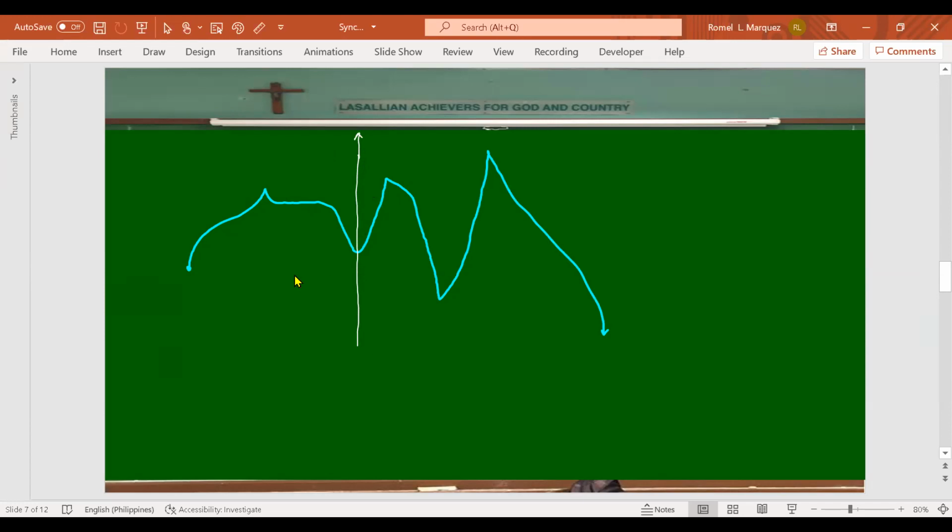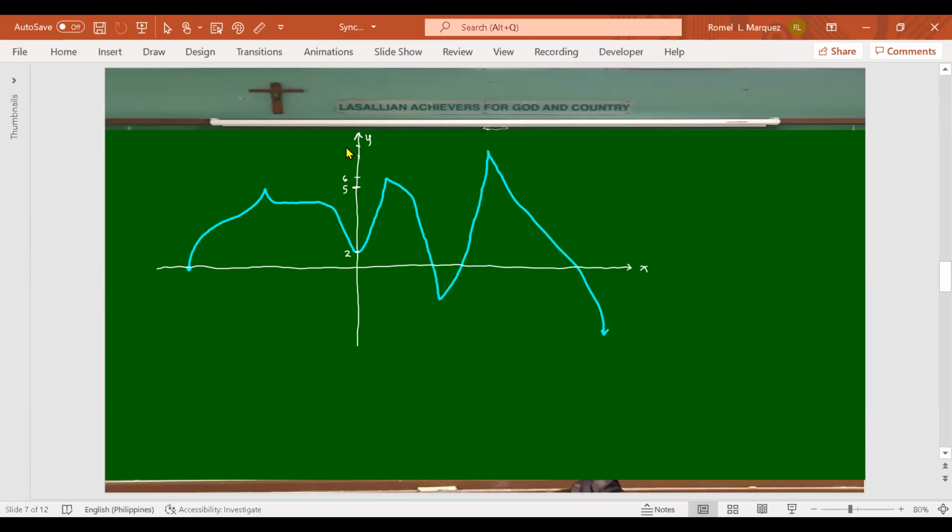It's hard to draw. This is my X, my Y. Let's say this is 2 at that point. This is 5. This is 6.